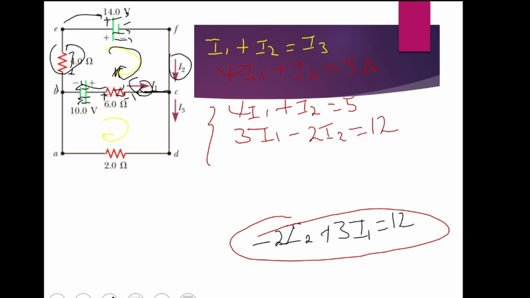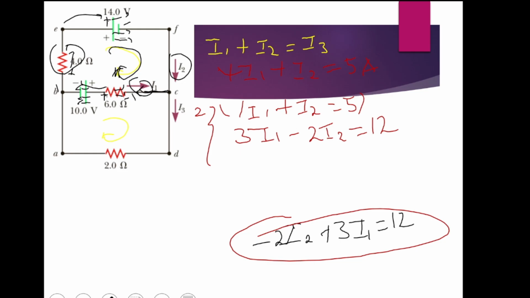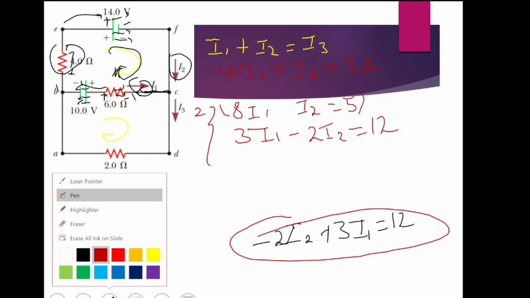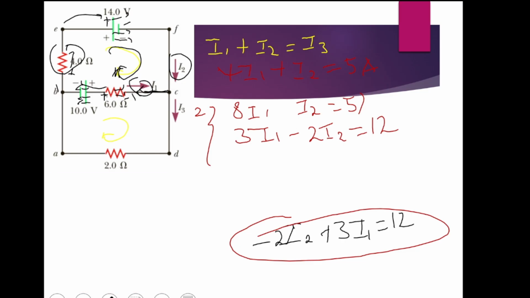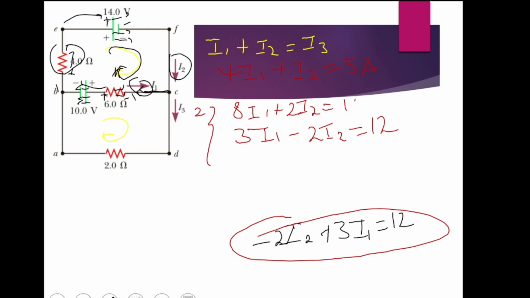Let's multiply the upper one by 2. What is going to be is 8I1 plus twice of I2, and that's going to be 10, when we multiply by 2 in order to make it simple.